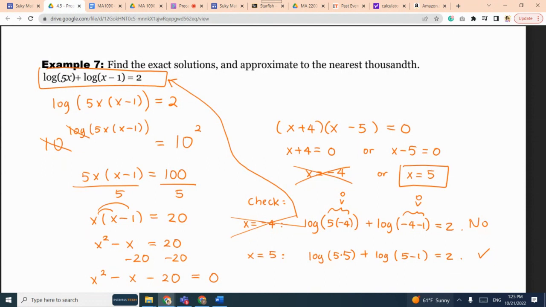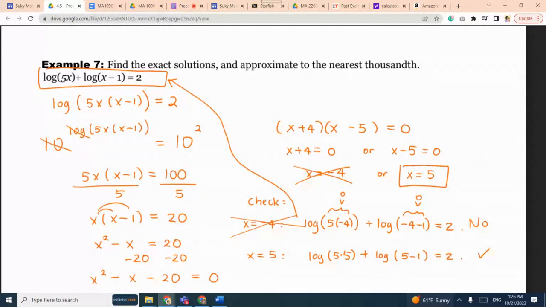Right. And when we plug in negative 4, so log of 5x, where x is negative 4, plus log of negative 4 minus 1 equals 2. In the exam, you don't have to do that. You can just put this guy, comma. And we check, this is negative, so done. This is not in the domain, then you don't need to check the rest.